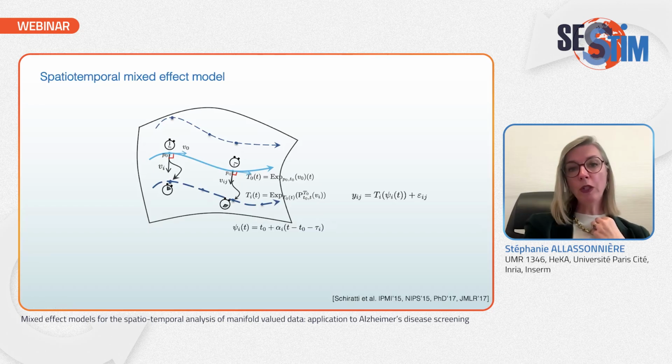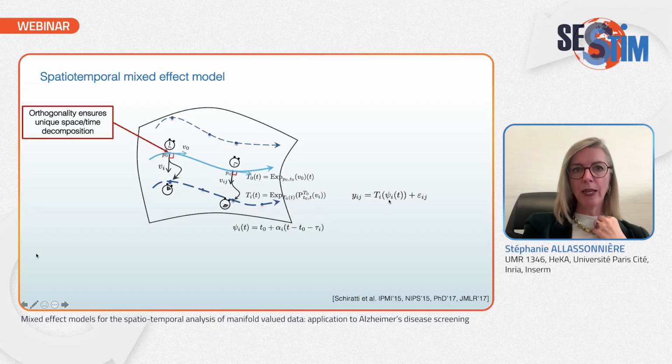So what we do observe are only the points, so the y_ij. So for each person i, we have j time points. So these are the initial dots that we had. And this is the transformation that we have, which is how they run on that curve, which is Ti, reparameterized in time.